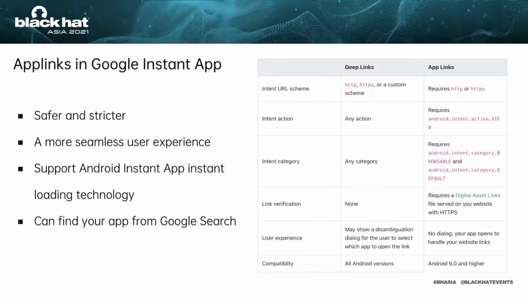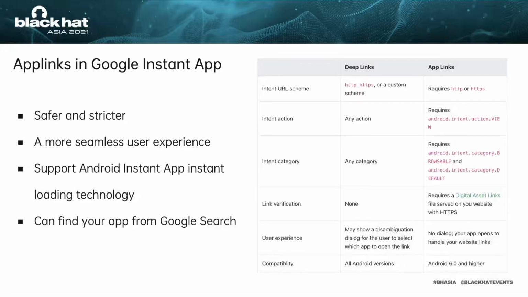Deep link can set any category, but app link only supports browsable and default. Deep link will not verify the link when you click the link, but app link will go to your website for verification through the HTTP protocol.